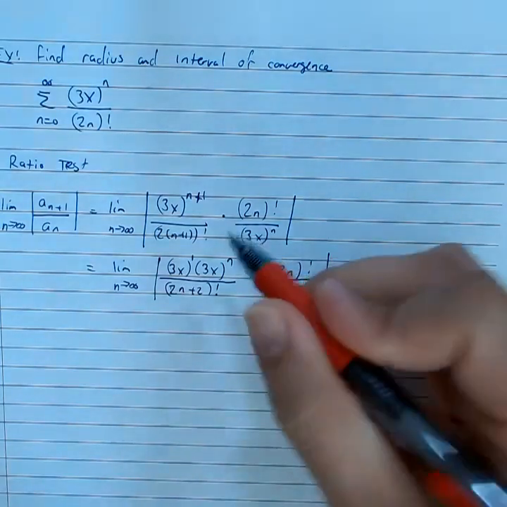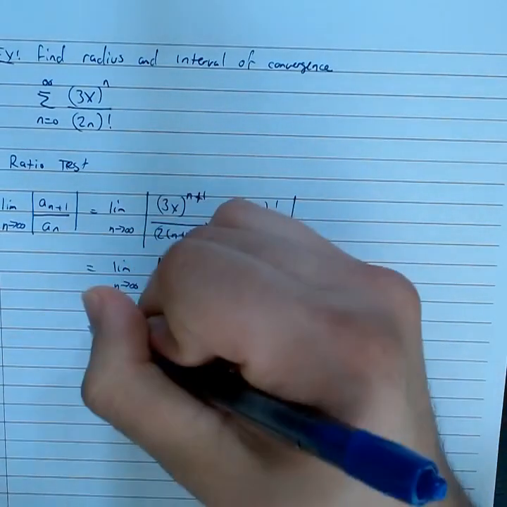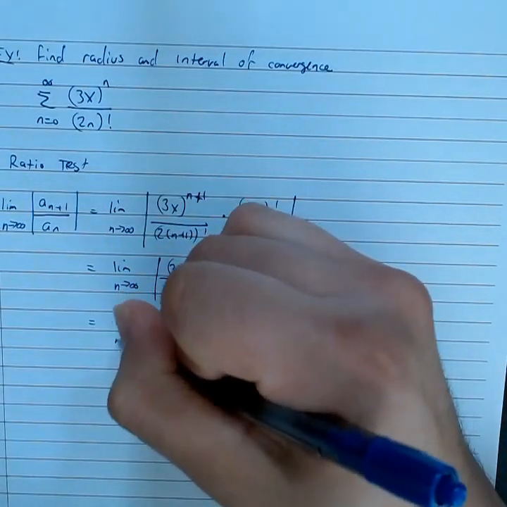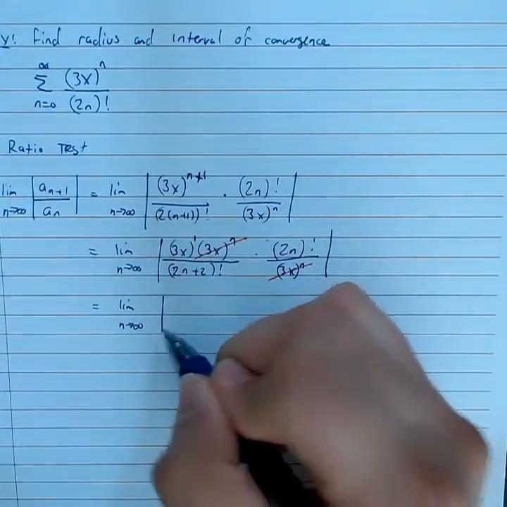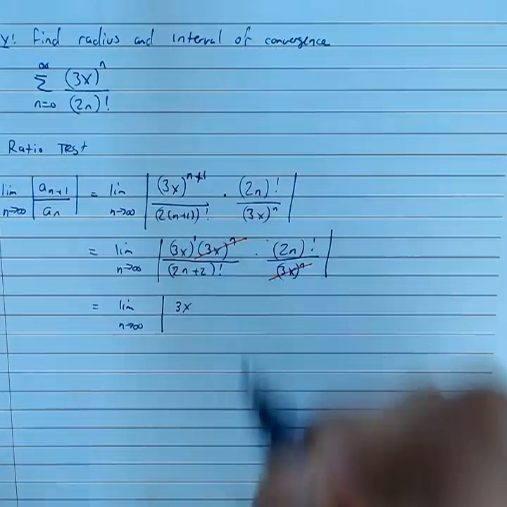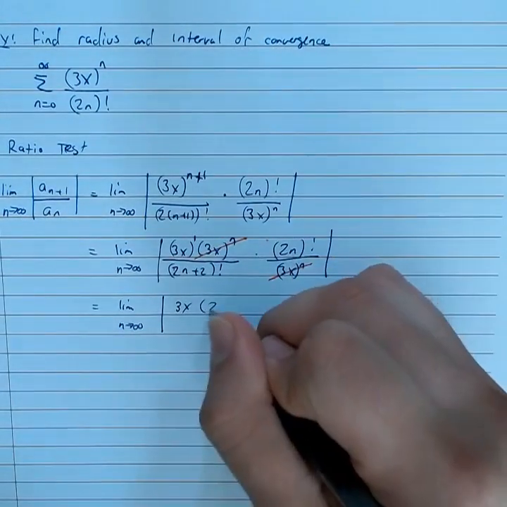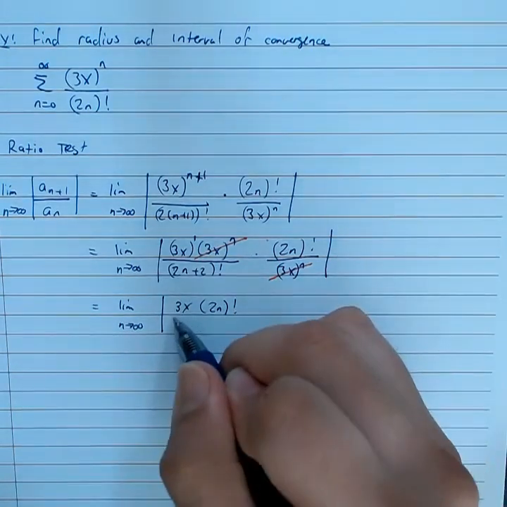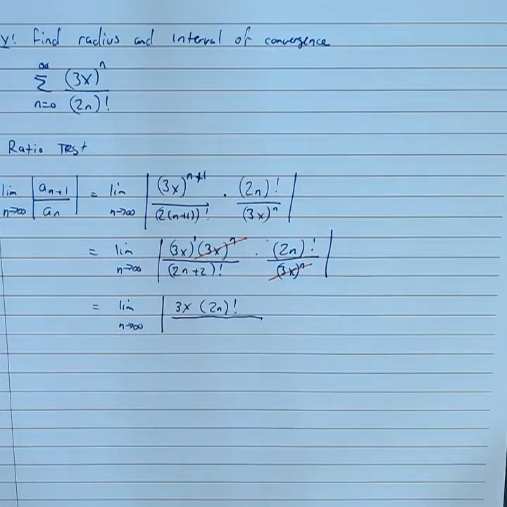We're not done simplifying yet, but I first of all notice those are gone. So now I end up with the limit as n approaches infinity of, well, that's just the absolute value of 3x to the power 1, or I can just write 3x, times 2n factorial. And now this denominator, well, that's going to be 2n plus 2 factorial. Remember how factorials work.